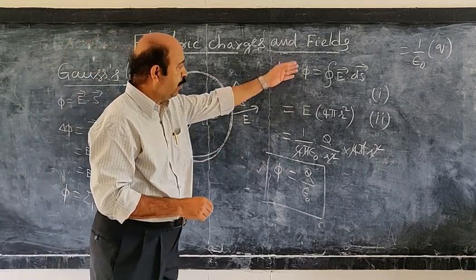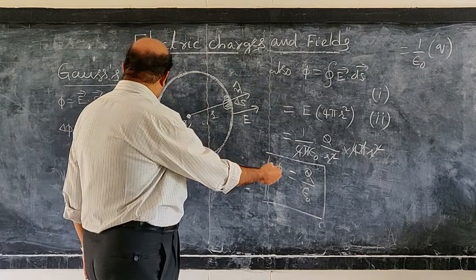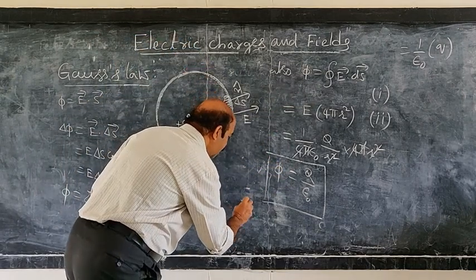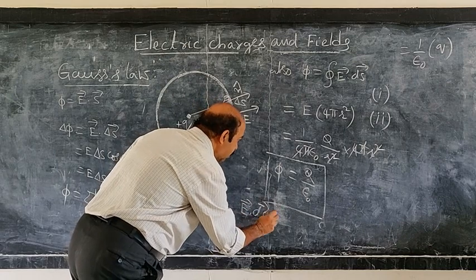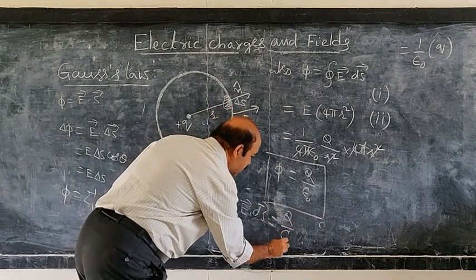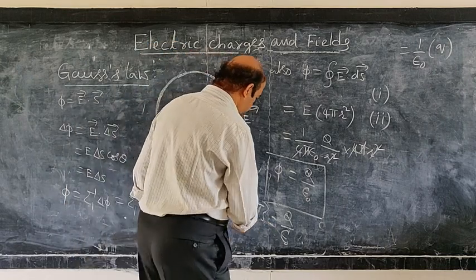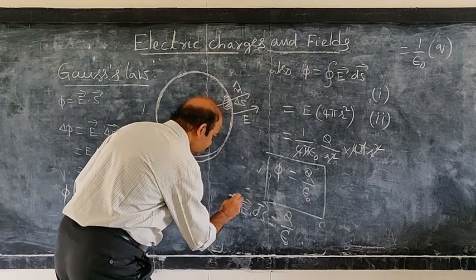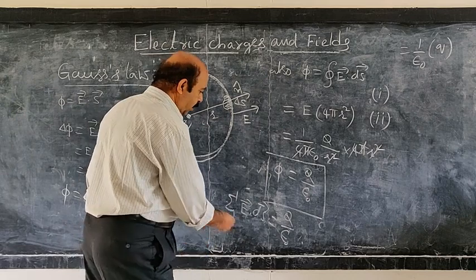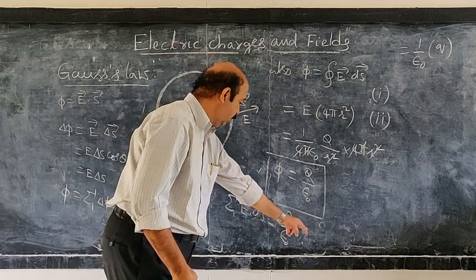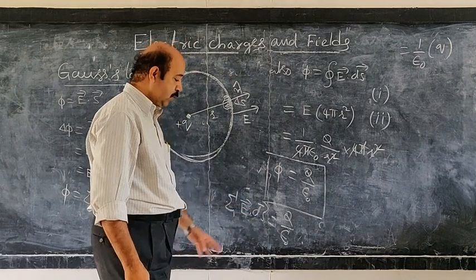Because when you relate these two equations, E bar dot ds bar is equal to Q by epsilon naught, or generally E is equal to sigma, or we can write total E is equal to Q by epsilon naught into 1 by total area.